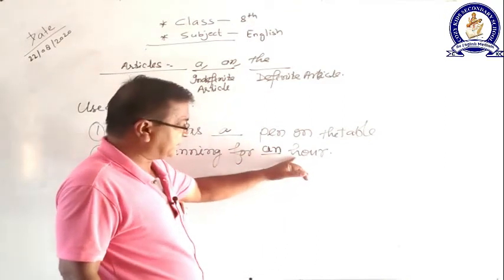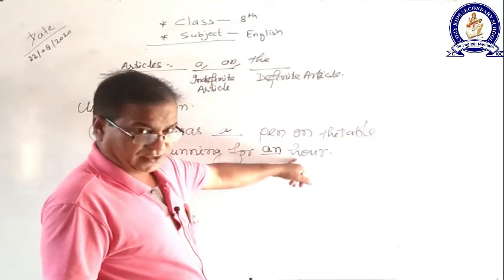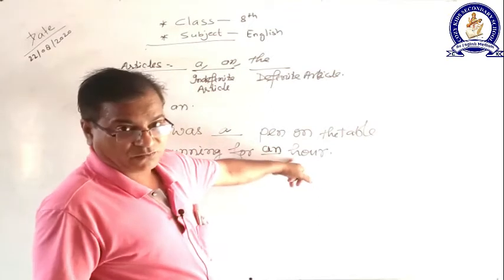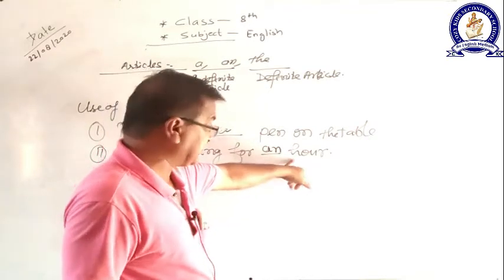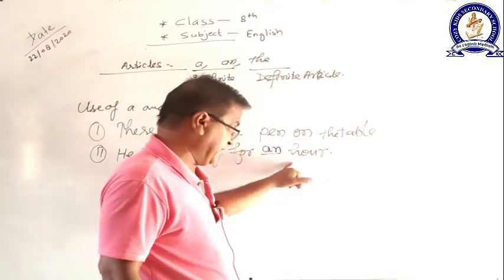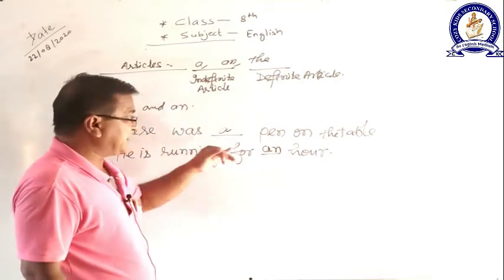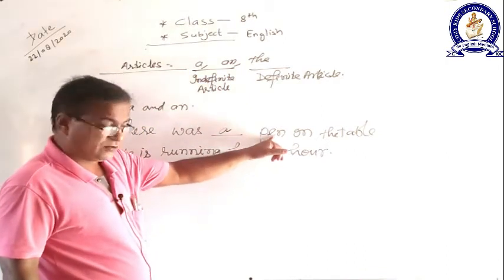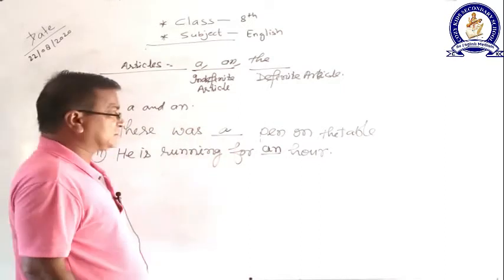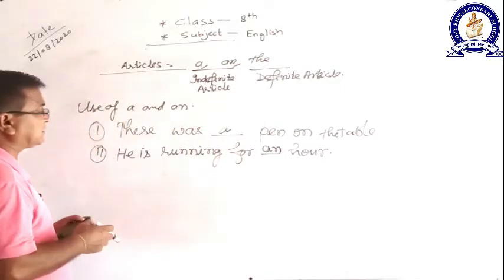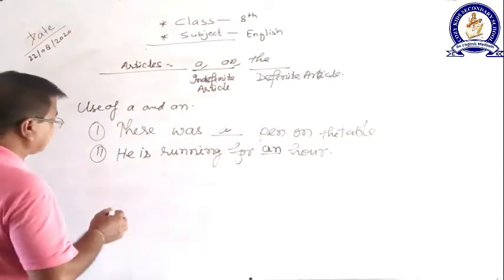If the word is pronounced with a vowel sound, then an will be applicable. If it is pronounced with a consonant sound, a will be used. So you have to be very sure about it. Today I will be teaching you like this only.